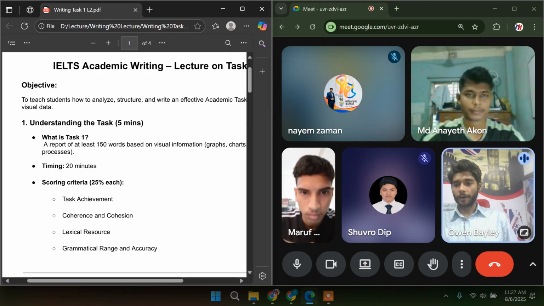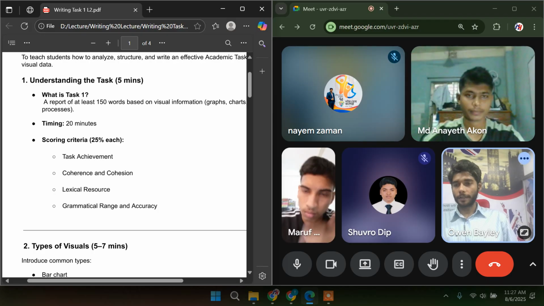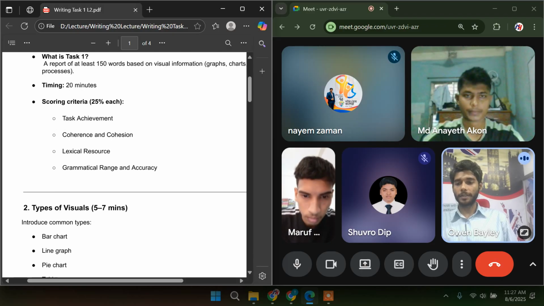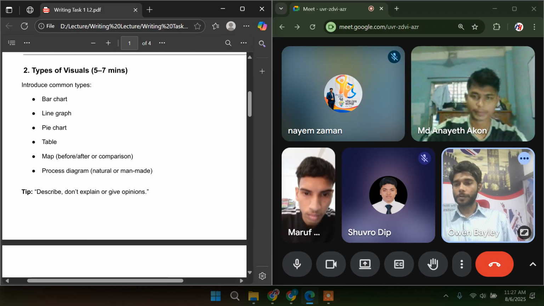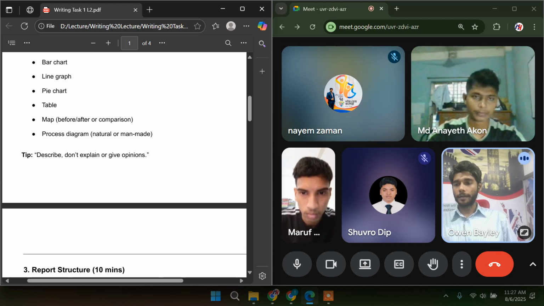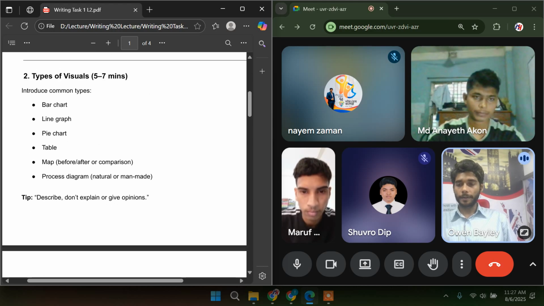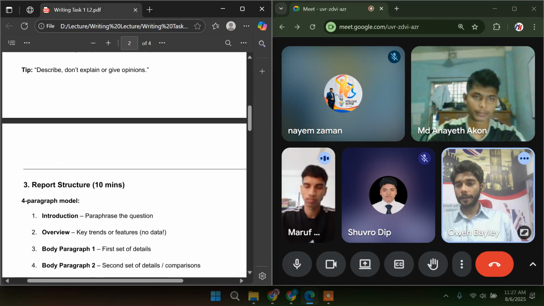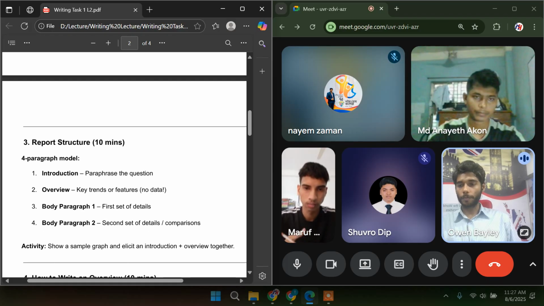Scoring criteria is on 4 things: task achievement, coherence and cohesion, lexical resources, and grammatical range and accuracy. Here are some types of visuals that you'll get, and the main thing is to describe it, not to give a personal opinion. The report structure should be in 4 parts. There will be introduction and overview.